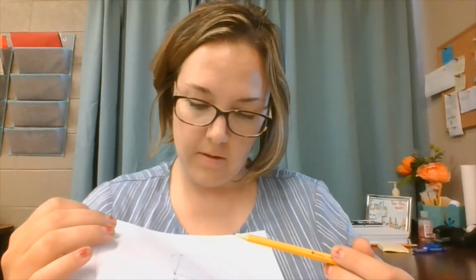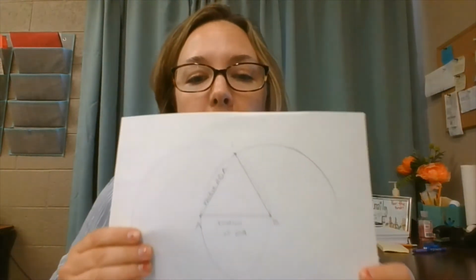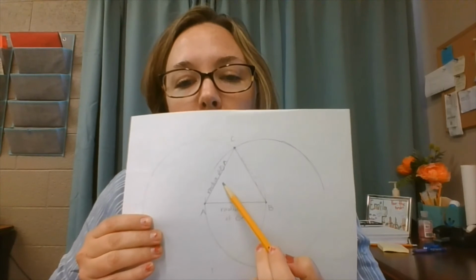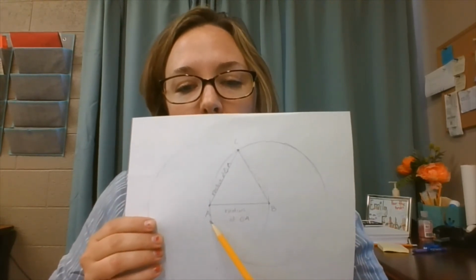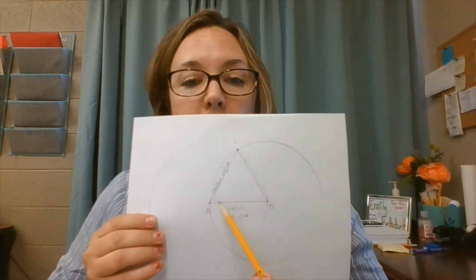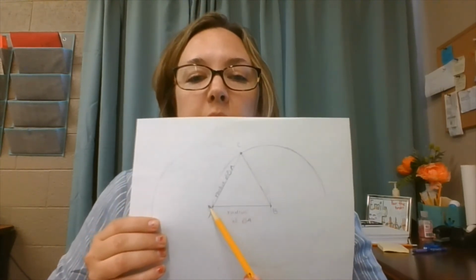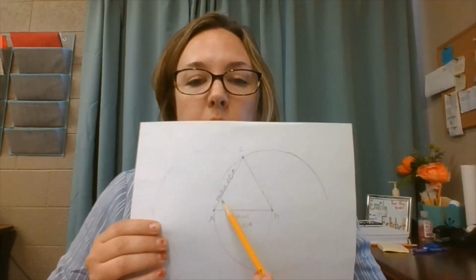Gosh, guys, I'm really good at making mistakes, aren't I? That's okay. That's what happens in life. Okay, so we have radius of circle A, radius of circle A. All radii in any circle, even circle A, are equal. And since they are equal, that means these two sides are also equal.